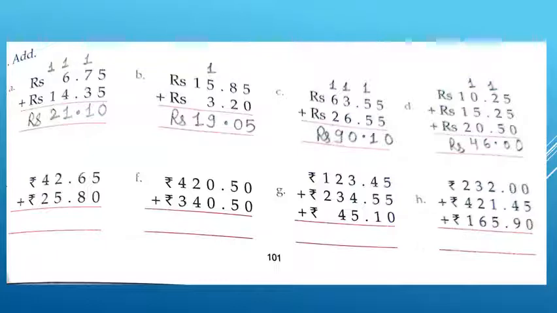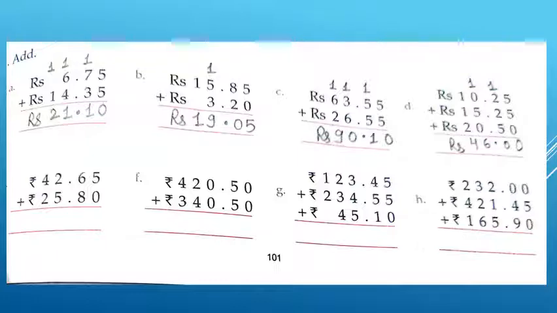Now let's see the next part. Rupees 63.55 plus rupees 26.55. First we add 5 plus 5 is 10. Write 0 there and 1 carry. Now children, 5 plus 5 is 10. Add 1 carry. So 10 plus 1, 11. Write 1 there and 1 is carry.